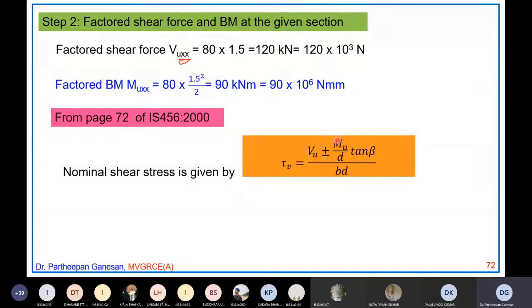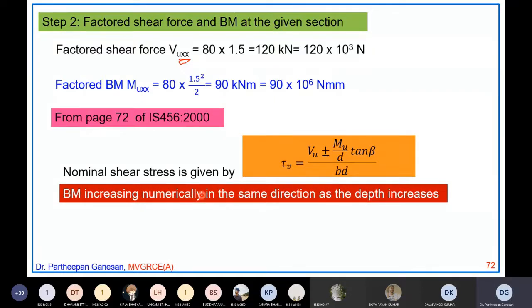We are not designing for the maximum shear force. We are designing for the shear force at a particular section. That is why we should use Vu,xx and Mu,xx in this formula. And the plus minus sign, as I mentioned earlier, depends on whether your bending moment is increasing in the direction of increase of the depth of the section.